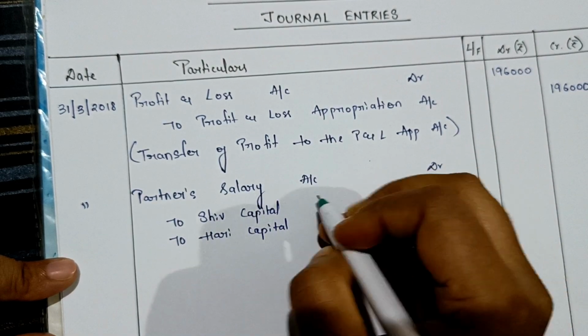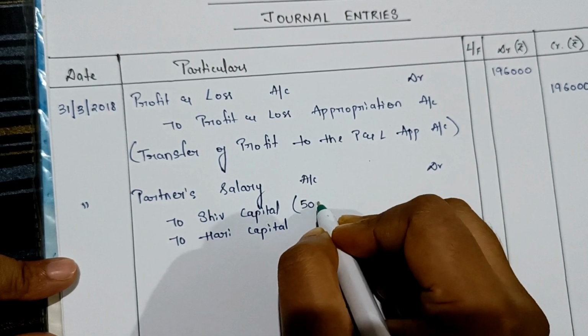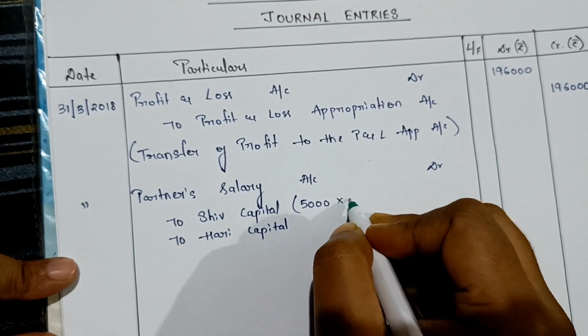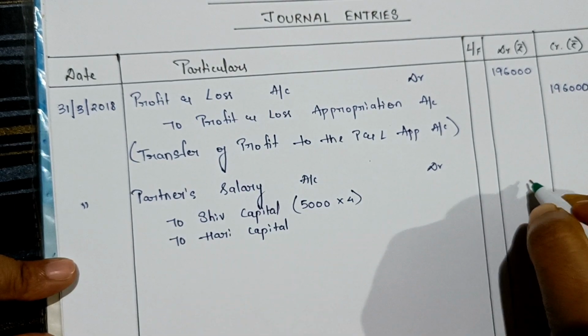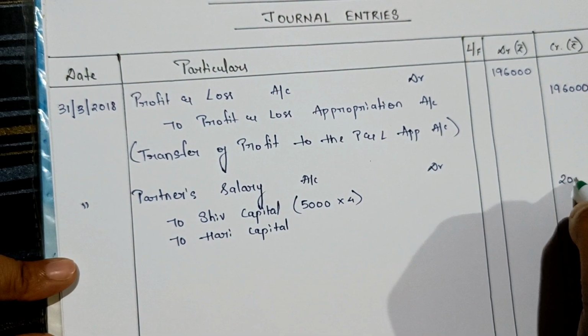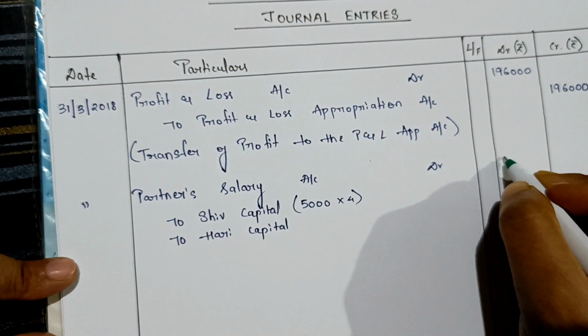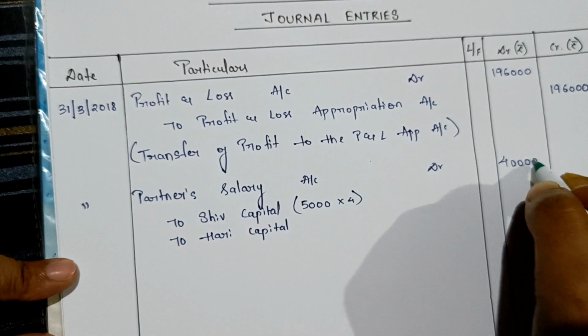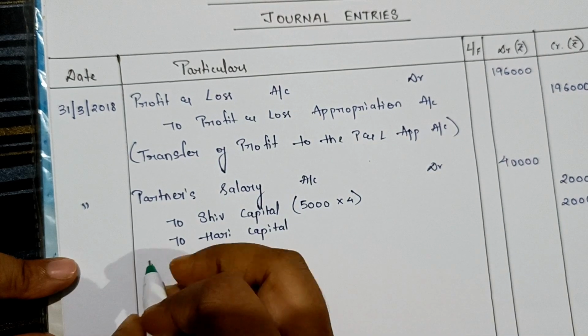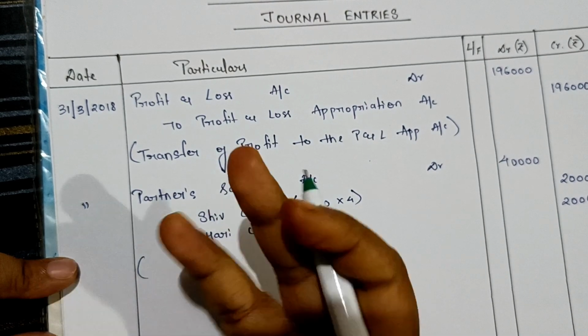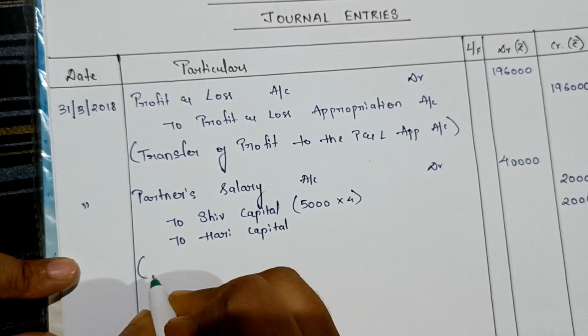Here salary is 5,000 per quarter, means into 4. So 20,000, 20,000. So the total will be 40,000.